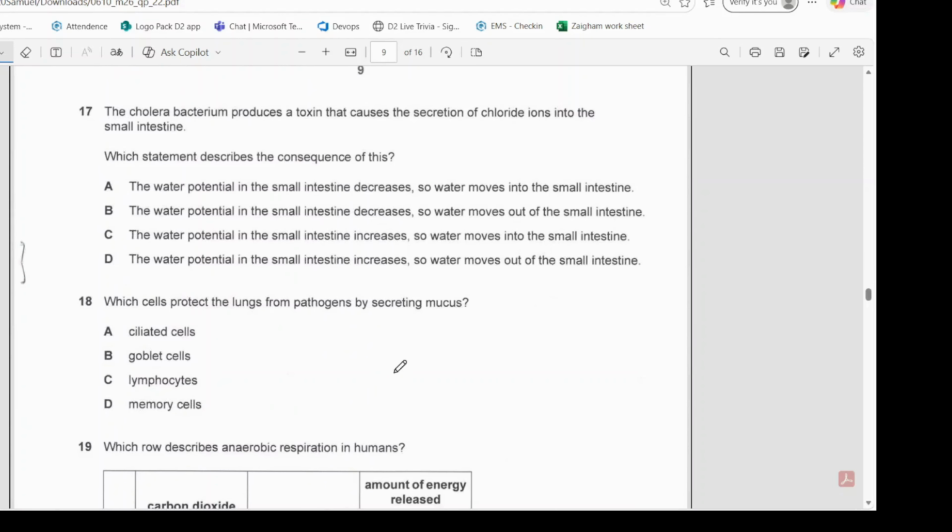The cholera bacterium produces a toxin that causes the secretion of chloride ions into the small intestine. Which statement describes the consequence of this? The water potential in the small intestine, so water moves out into the small intestine.